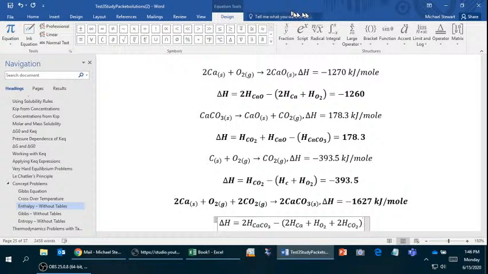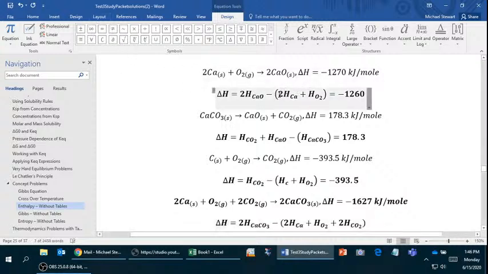And I've got the answer key up here, so it's minus 1,627, but we'll talk about how to get to that. So this is your first step with your Hess's law solution, is that you just want to write out Hess's law for each one.